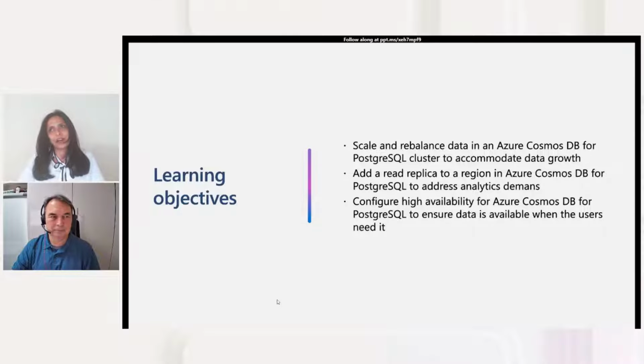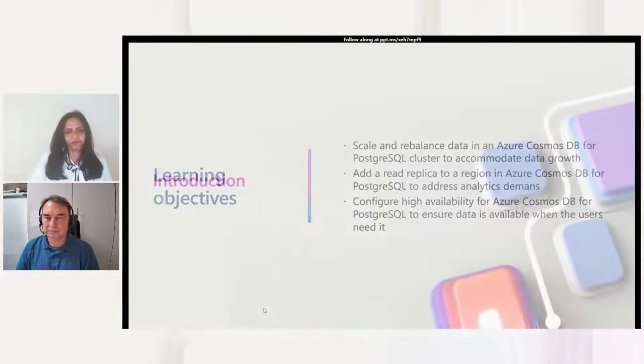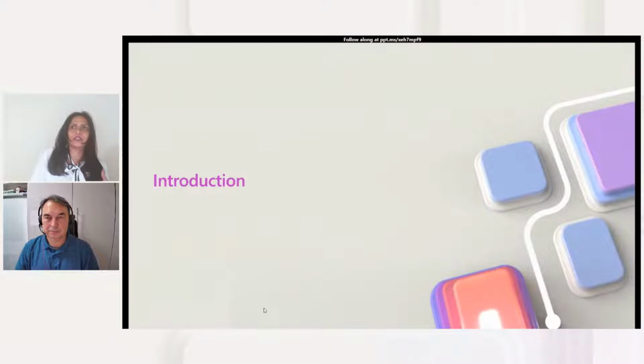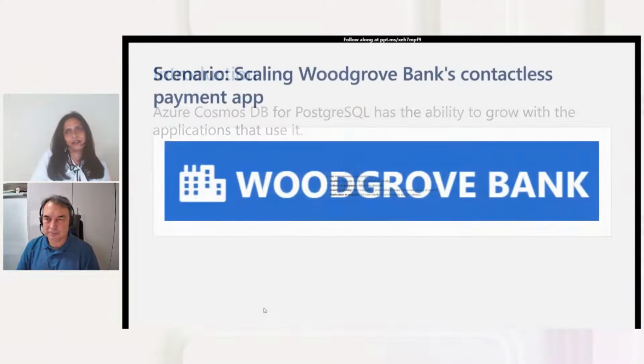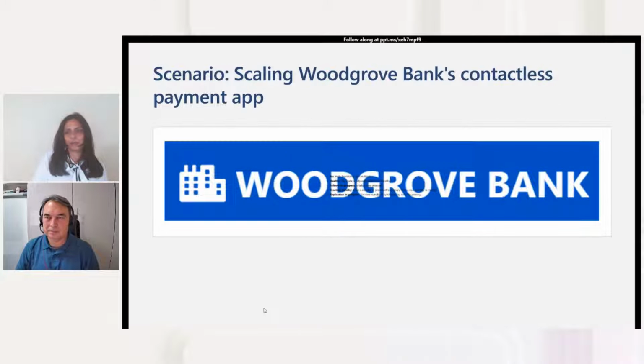So with this in mind, we thought the better way to do this is to talk about a use case and walk through it, look at what the requirements are, and see how these particular objectives and features of Azure Cosmos DB for PostgreSQL fit in with it. So we have a use case where we're working with the database DBAs for Woodgrove Bank, and they have an app which is the contactless payment app.